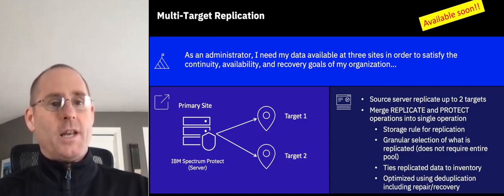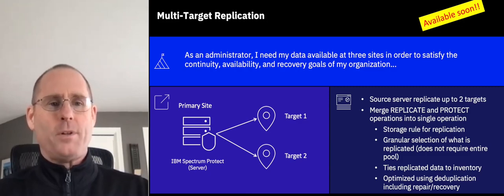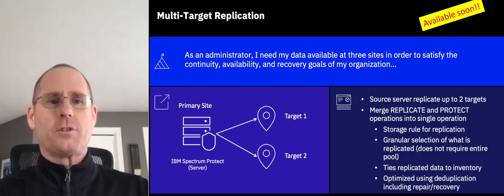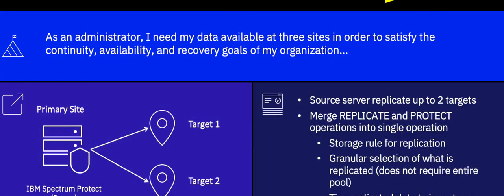Today, Spectrum Protect has the ability to create a copy of data from one place to another, and you can create another copy on a different media type. But wouldn't it be great if you could create a copy in two different places? So let's say I have my Spectrum Protect server in Tucson, Arizona, and I want to create a copy over in San Jose and another copy up on cloud.